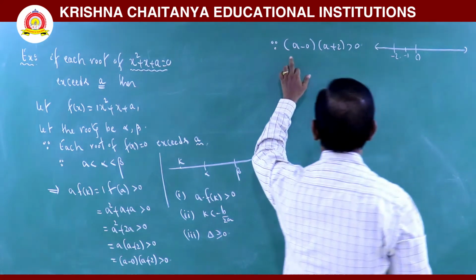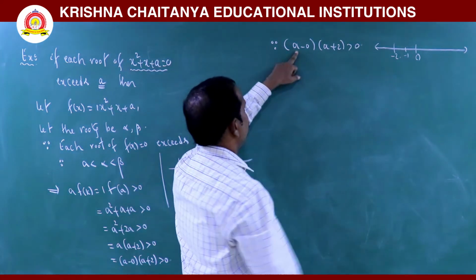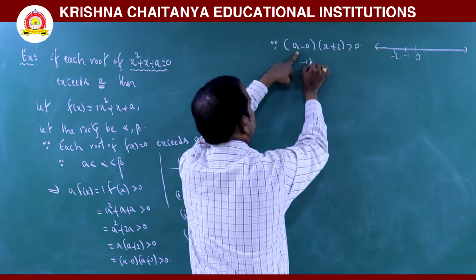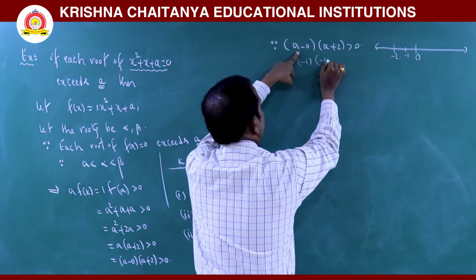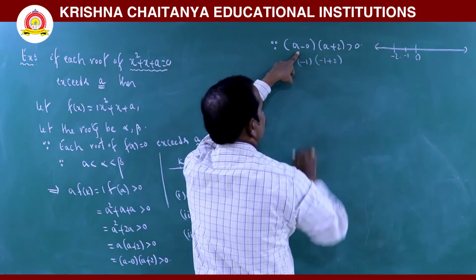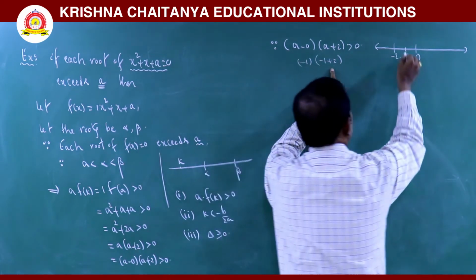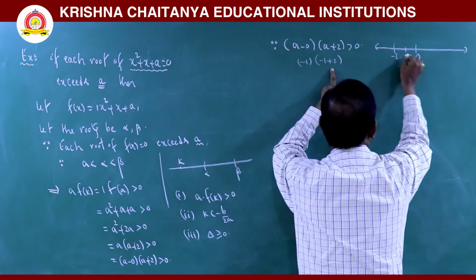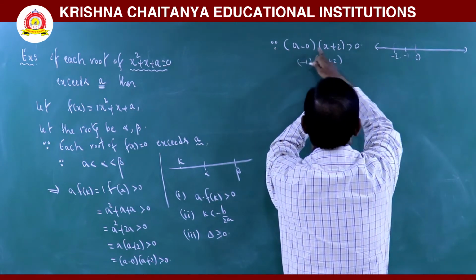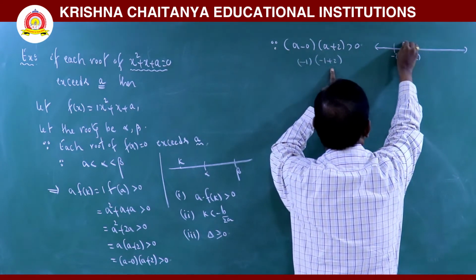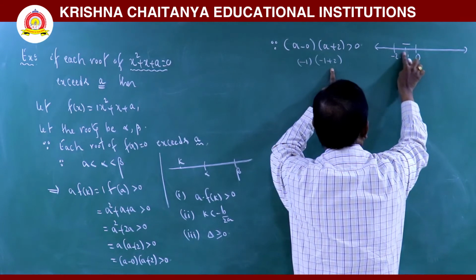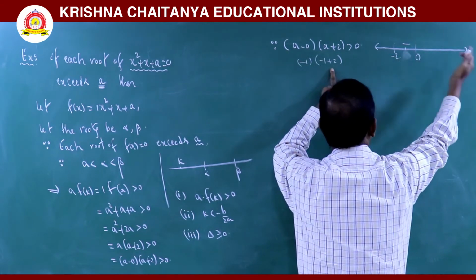At a equal to minus 1, it becomes minus 1 into minus 1 plus 2, which is 1. Minus 1 into 1 is negative. So, between minus 2 and 0, this quadratic expression is negative. Next, come to greater than 0.